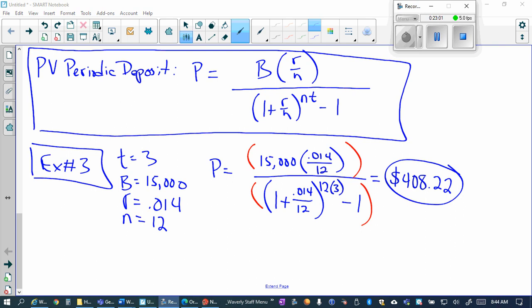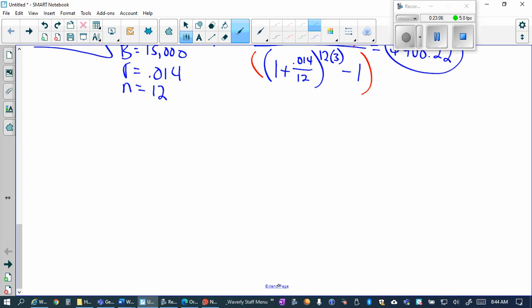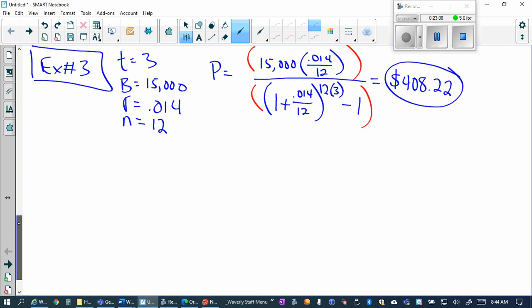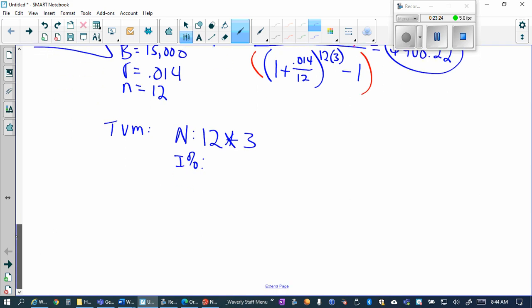Let's try it with the TVM and verify we can get the same thing. So now that part that we haven't been using, what's going to go in for the N field? 12 times 3. In the I percent field, what goes in there? 1.4 divided by 12.